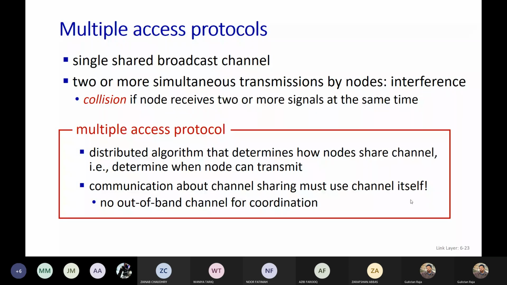So, what is the solution to avoid this kind of scenario? The solution is to devise some kind of protocols, and collectively these protocols are known as multiple access protocols. There are various types of multiple access protocols, which devise certain rules and regulations to have successful transmission in a shared broadcast channel.